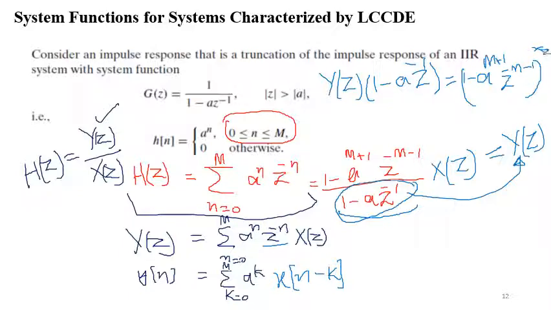Now if I take the inverse z transform of this one, you understand Y of z multiplied by 1 is Y of z, and this is a z inverse Y of z.